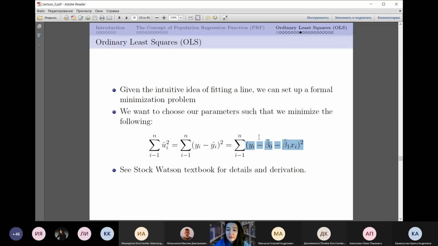If you take a look at this equation, you can see that it's relatively easy to use this approach, or this equation, to find beta 0 and beta 1, and to solve this problem.